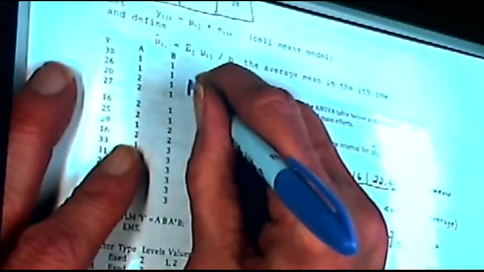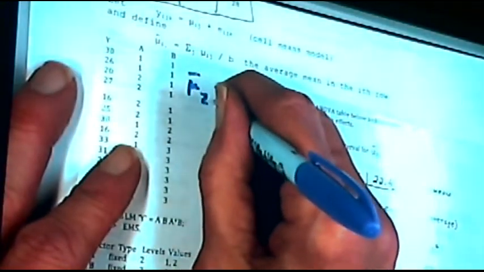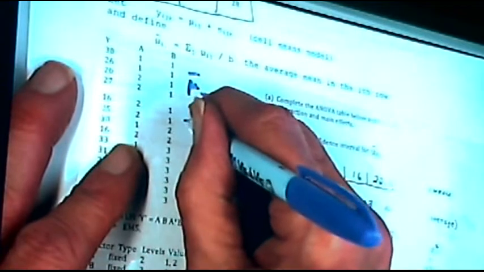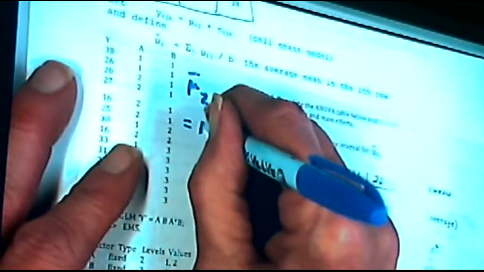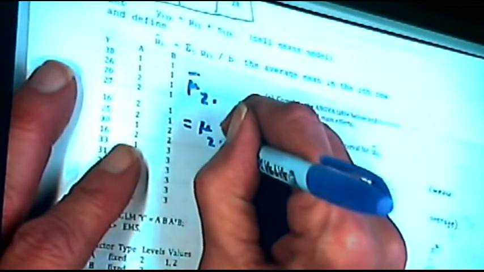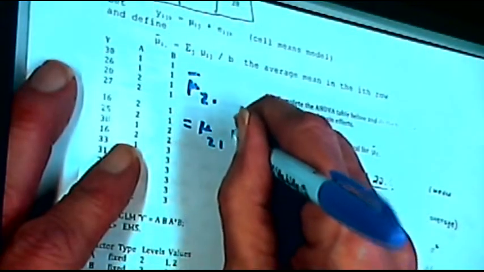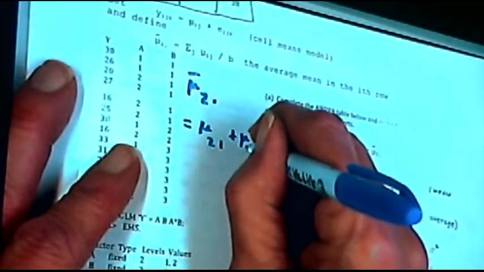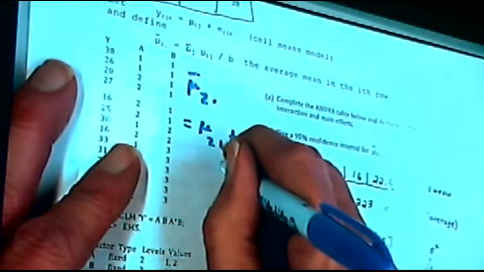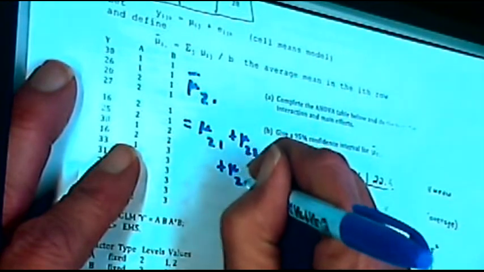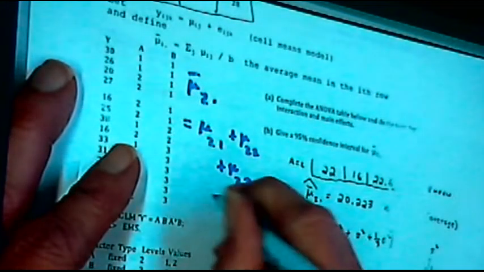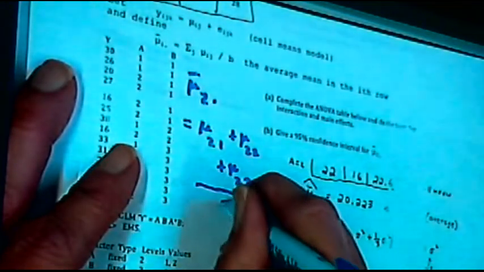So mu bar 2 dot is going to be mu 2 1 plus mu 2 2 plus mu 2 3, third column, all divided by 3.